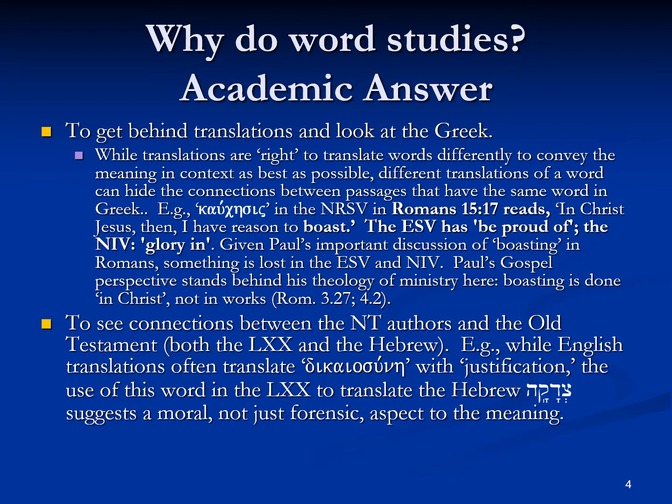So in the Old Testament, we see the Hebrew word tzedakah is a word that is translated with dikaiosune, and there it often suggests a moral aspect to the meaning. So instead of justification, the word might be translated as righteousness, as it often is.